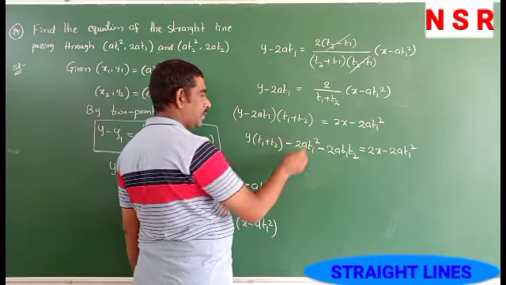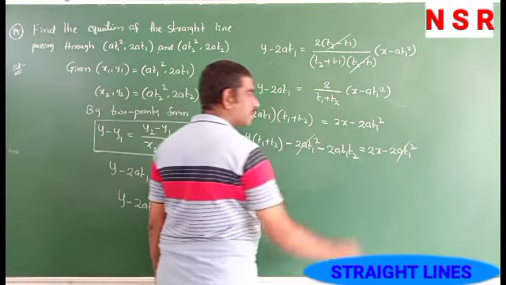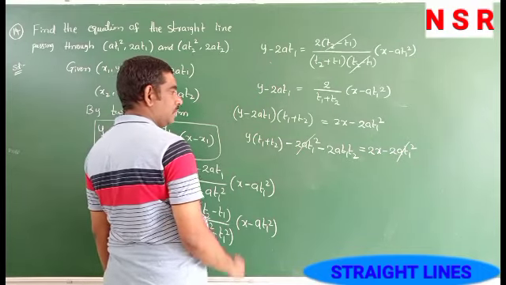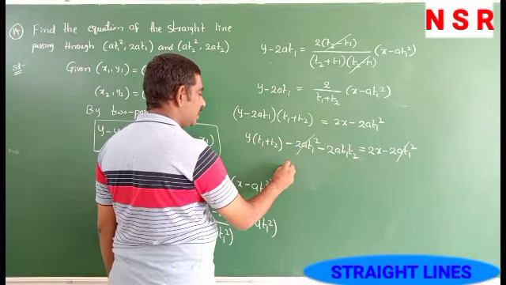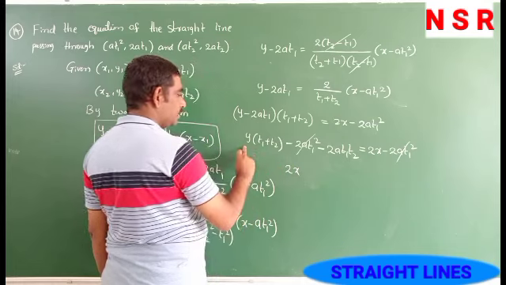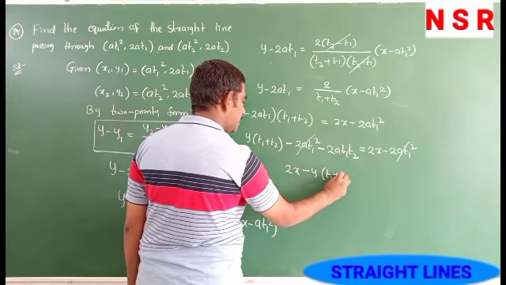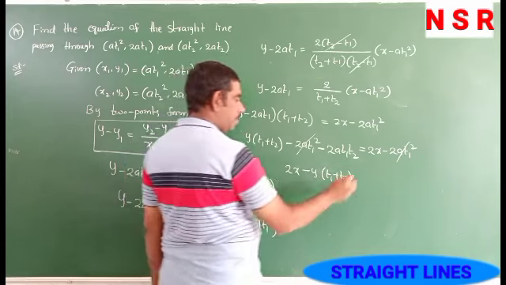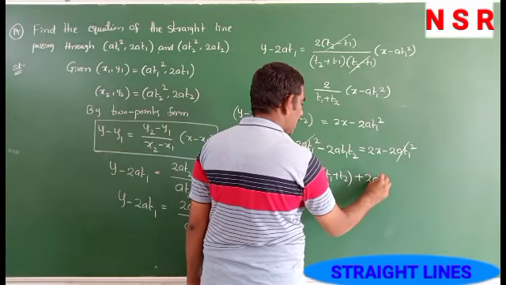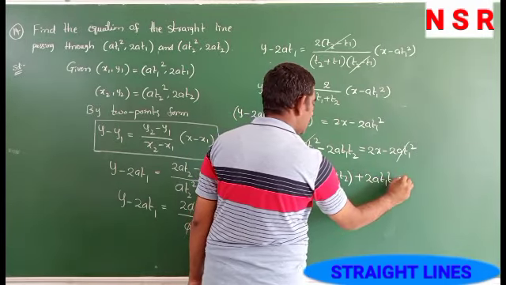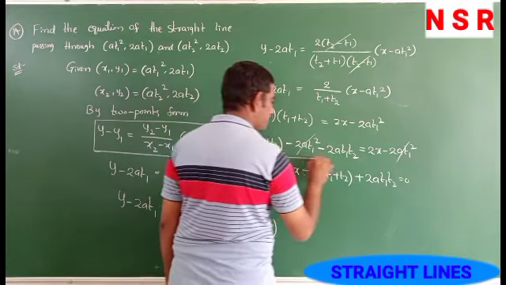Now on both sides minus 2a t1 square is there, cancel. The remaining terms move to that side, we get 2x minus y of t1 plus t2 plus 2a t1 t2 equal to 0.